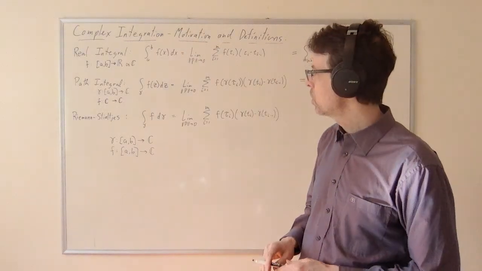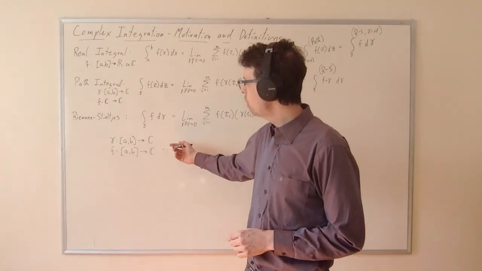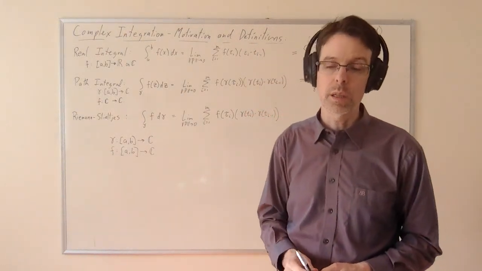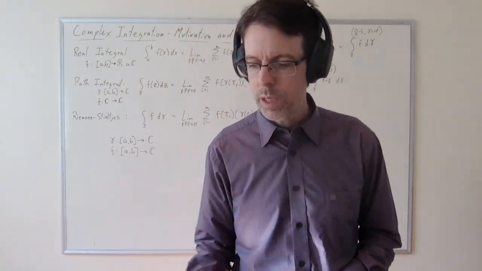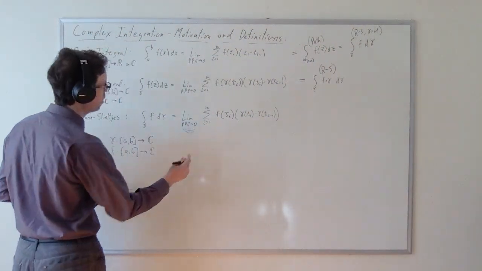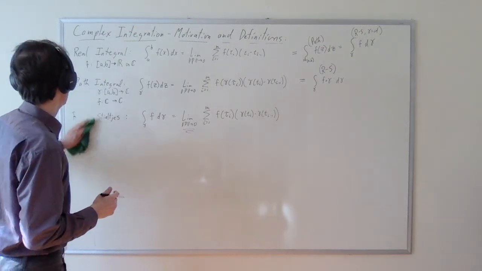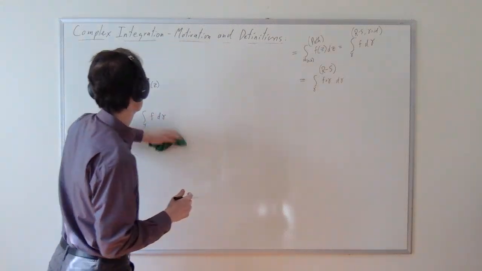So as we're moving ahead, what we really need to do is understand under what conditions on gamma and f we can be assured that this integral actually exists, that this limit is defined. So that's what we need to do moving ahead. Now, before we get to that, we need to look closely at the behavior of this limiting thing. And we need to study limits as partitions get finer and finer.